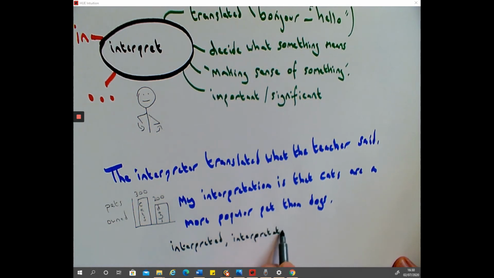Like your interpretation of the graph was that cats were a more popular pet than dogs. And finally, we've talked about how in school or on television you might see an interpreter who interprets one language into another. And there is our word map for interpret.